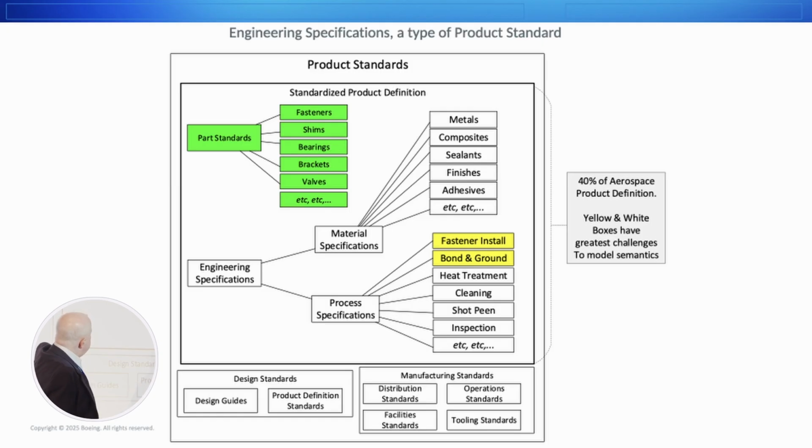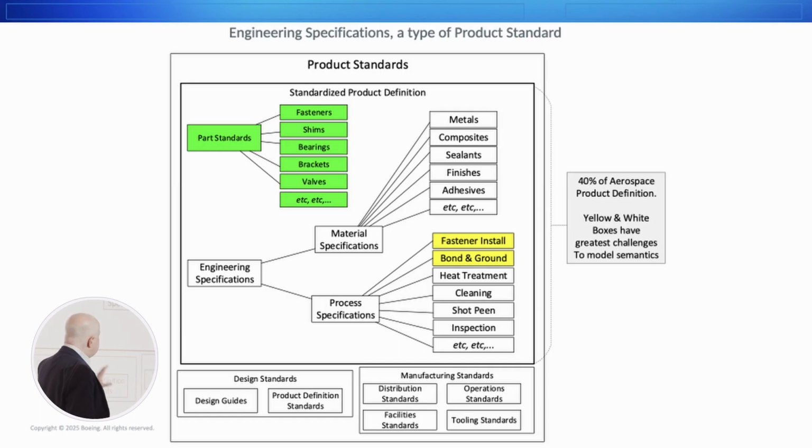There's 3 basic categories. There's part standards. Those would be all the common things like fasteners and brackets and connectors, things that you'd buy as commodity items. And then there's material specifications, so all of our parts are made out of some sort of material, and these are the specifications that dictate what the engineering requirements are, who you can buy the materials from, and the basic engineering properties.